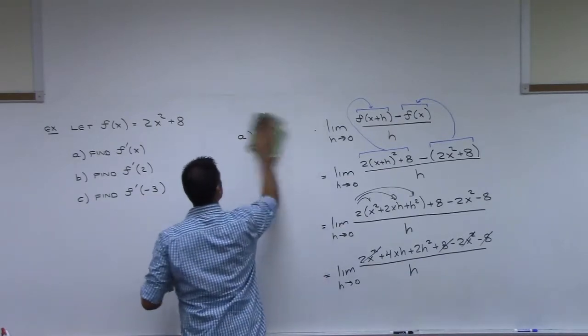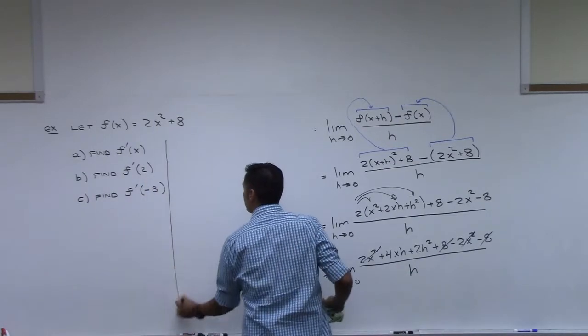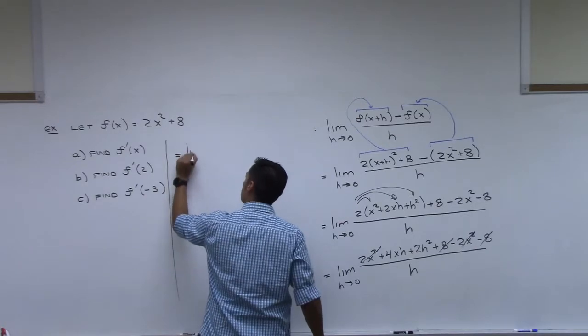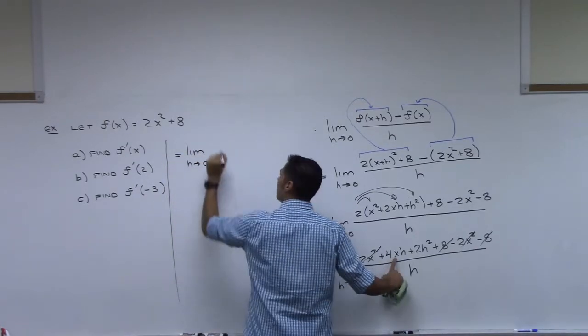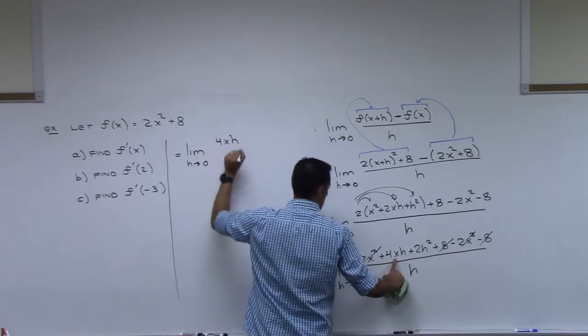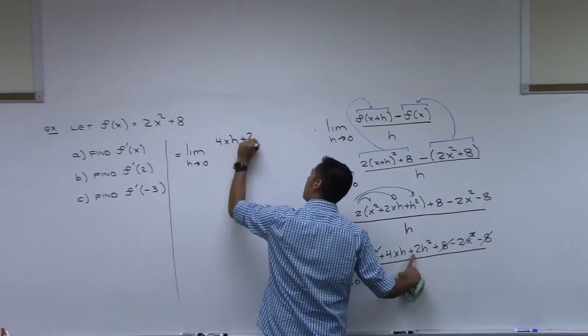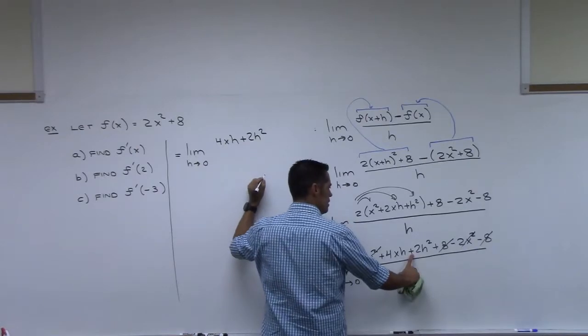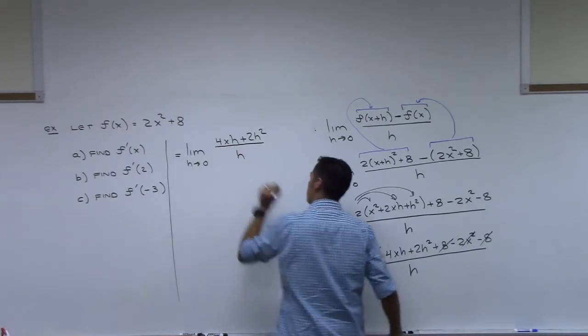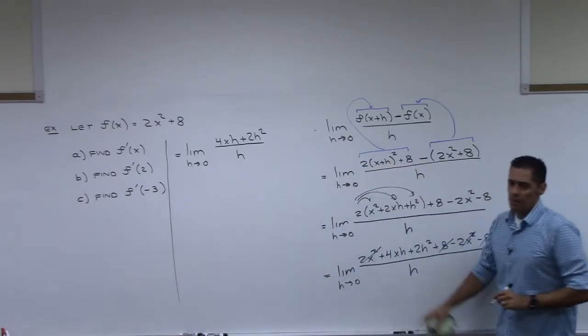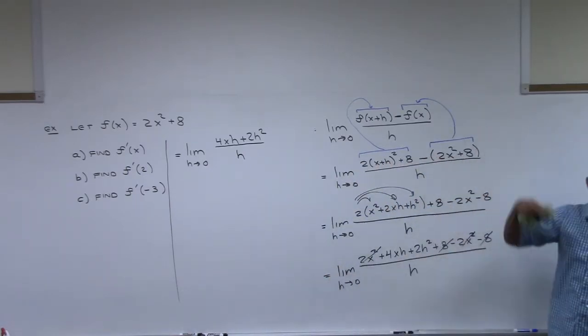So over here, I'm still continuing. Equals, limit, h goes to 0. On top, we have 4xh plus 2h squared. And that's it, right? On top, all over h. Everything in the numerator, the top, has an h, right?